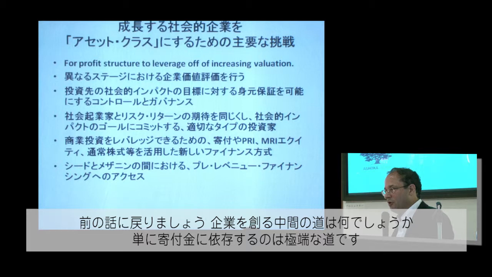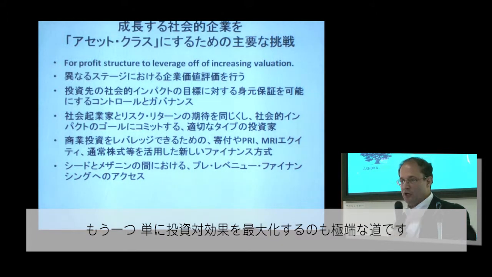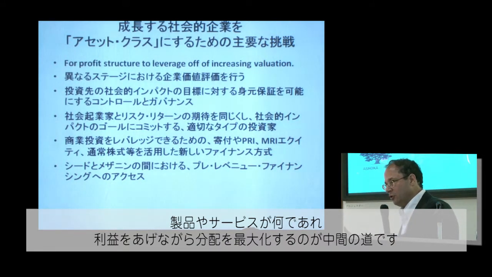Going back to my earlier statement, how do you create the middle way of a company? It's not just dependent upon donations on the one hand, and on the other hand, it's not just about maximizing return on investment. It's about maximizing distribution, whether it's a product, a service, while being profitable.